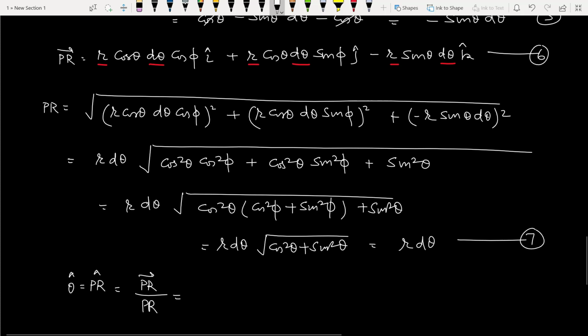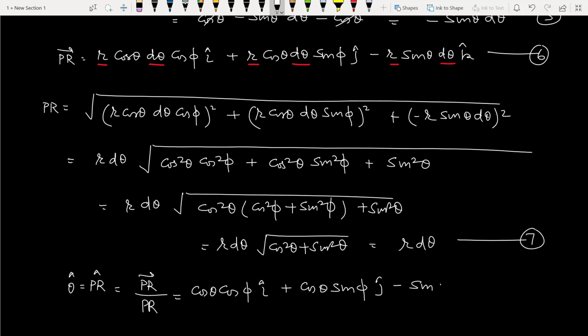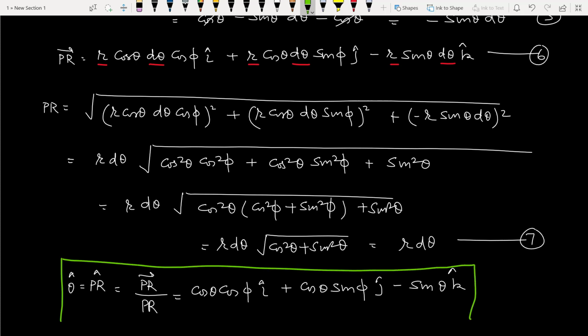So we are left with cos theta cos phi i cap, plus cos theta sin phi j cap, minus sin theta k cap. So this is my second spherical polar unit vector.